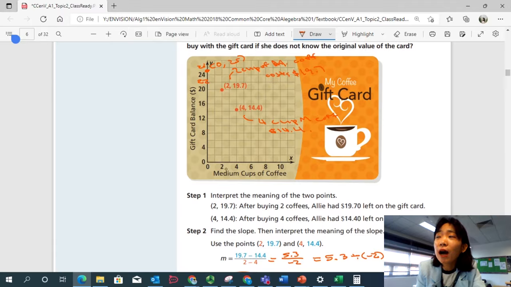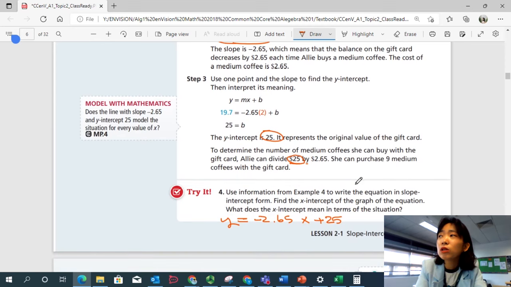Your x-intercept point will always have a y value of 0. Your y is 0 on all the points on the x-axis, right? So your point will look like a number for x, comma 0. Your y is always 0. This is the x-intercept.